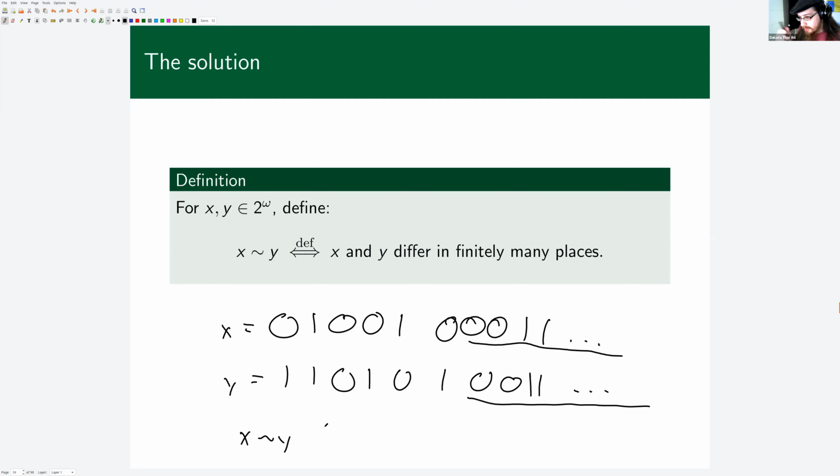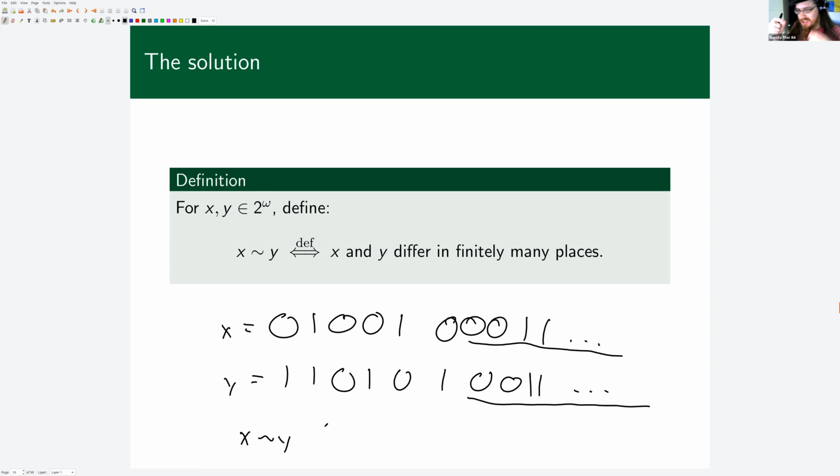Yeah, and if you recall this terminology, this is an equivalence relation, right? Every sequence is similar to itself. If x and y are similar, then y and x are similar because you're just looking at the places where they differ. It doesn't matter which one you look at first. And also, if you have x and y that are similar, and y and z that are similar, then x and z must also be similar.